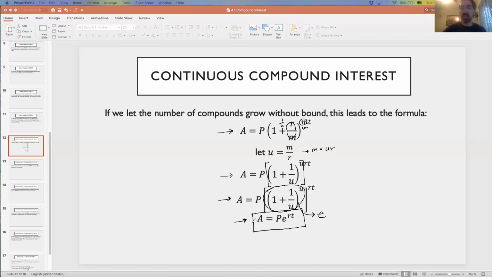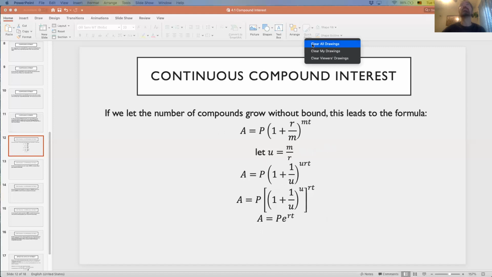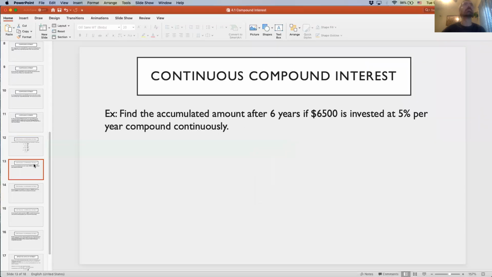Let's look at an example using this A equals P times E to the RT formula. This is when we have a continuous compound interest. For example, find the accumulated amount after 6 years if $6,500 is invested at 5% per year, compounded continuously.